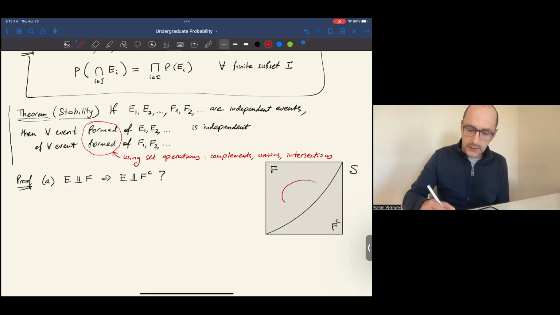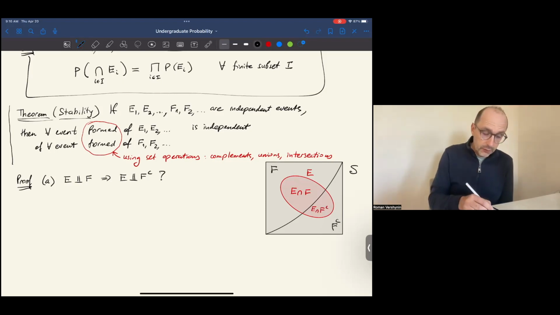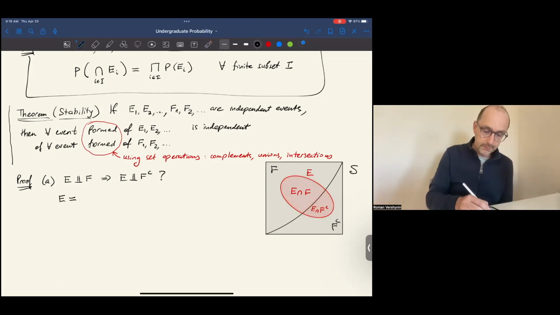And here is an event E. It may have some common part with F, specifically E intersection F, and a common part with F complement, specifically E intersection F complement. So E can be decomposed into this part and this part, which are mutually exclusive.